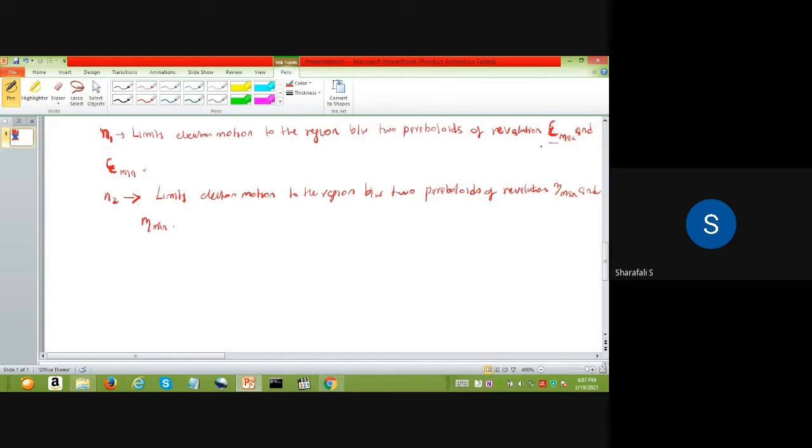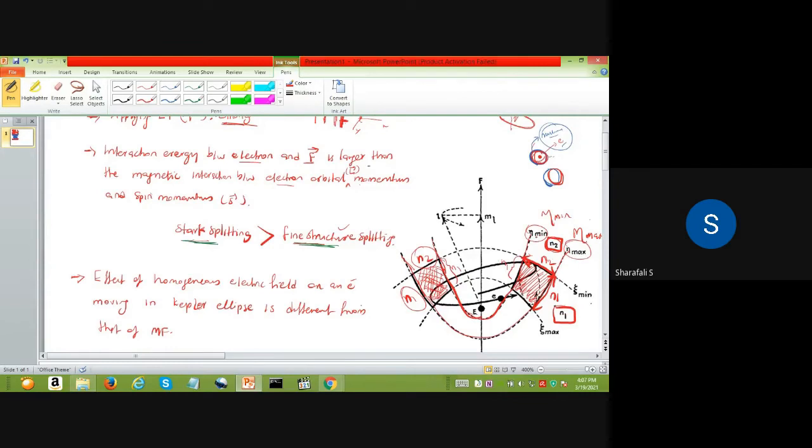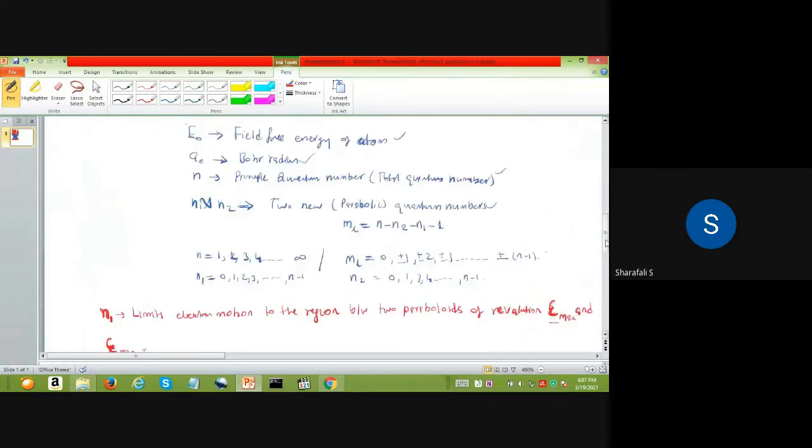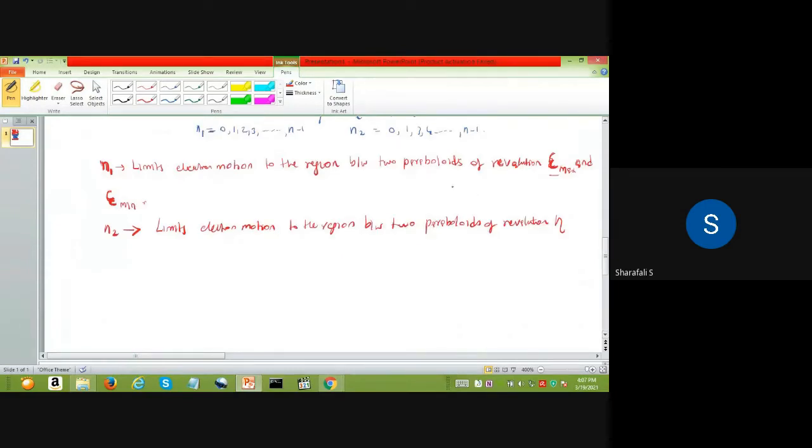Here, the symbol in that figure, I think, is mu. Okay, it is eta only. So this is eta max and eta min. That's right.